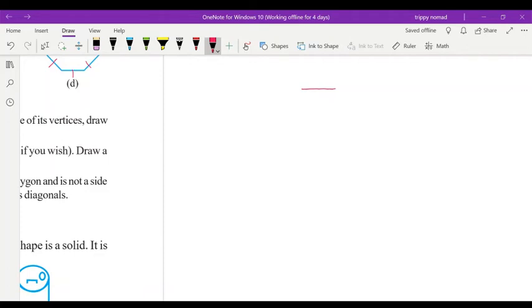What do we have to draw? A hexagon. I am trying to draw with equal measure, but I am not drawing with that, what is that called, a scale.